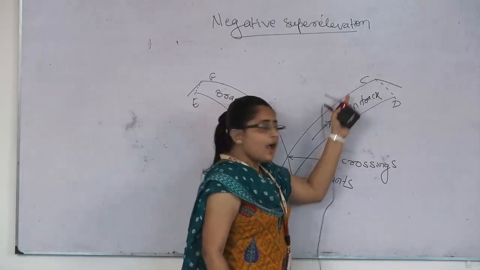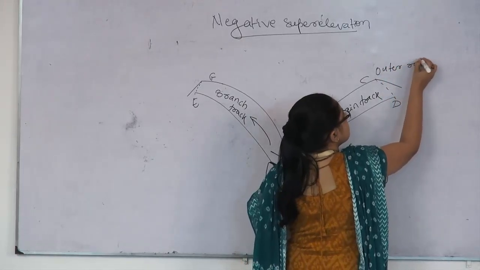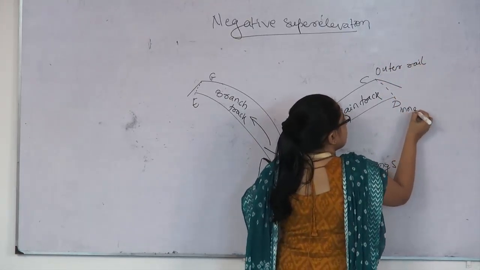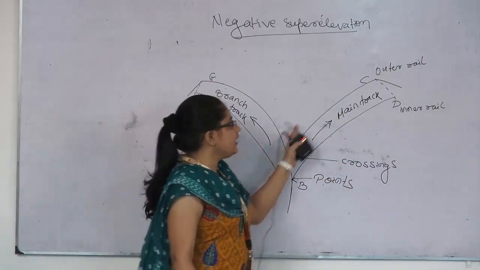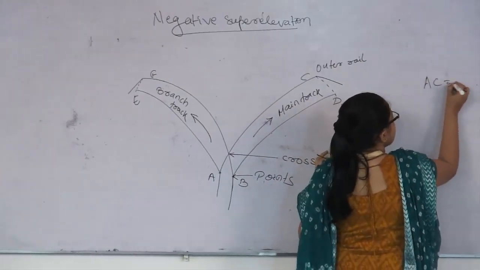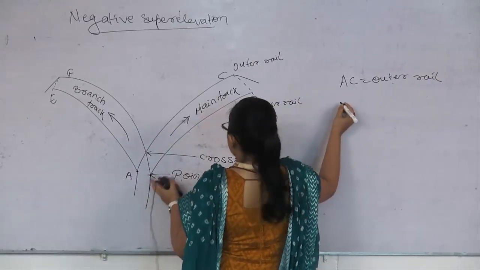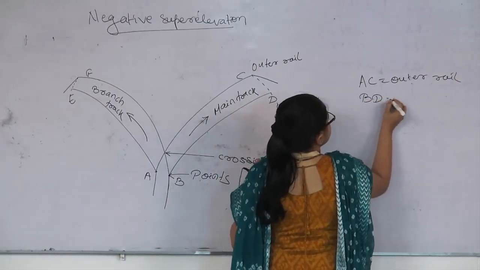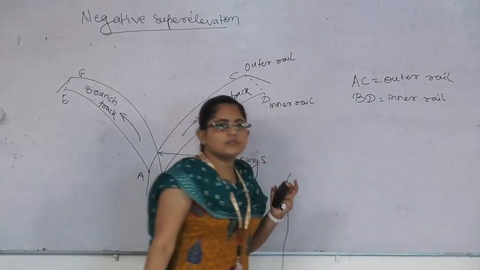AC higher, because this is your outer rail and this is your inner rail. So which is our outer rail? AC outer rail. Then BD inner rail. Clear?